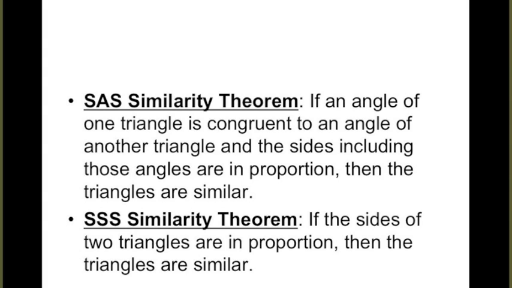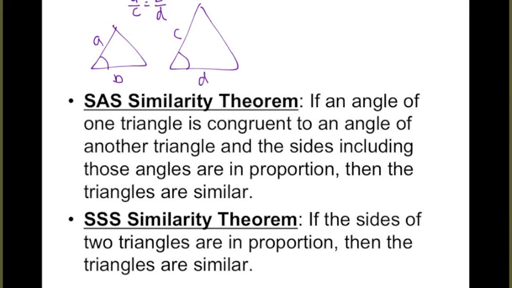Today with similarity, side-angle-side says that if we have two triangles and we know in those triangles that one angle is congruent and that some sides around that angle are in proportion, then the two triangles will be similar, which means that the other two angles must be congruent and the other set of sides must also be in proportion, even though we weren't given information about them.